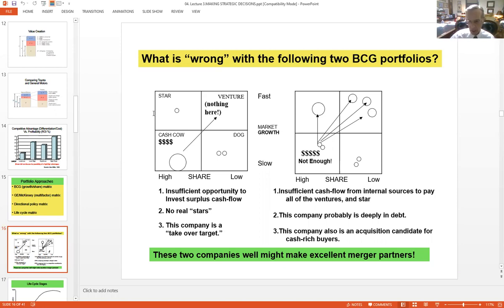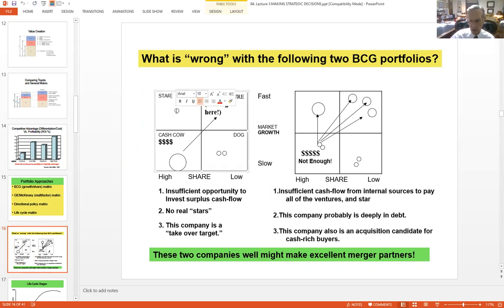Now, over time, what will happen is the star, if there was a business here in the venture category, if the business succeeded, its market share would grow and it would become a star. And that's what's happened here.